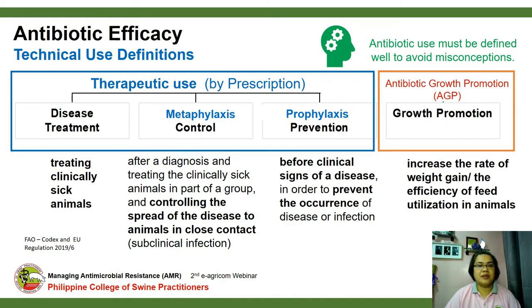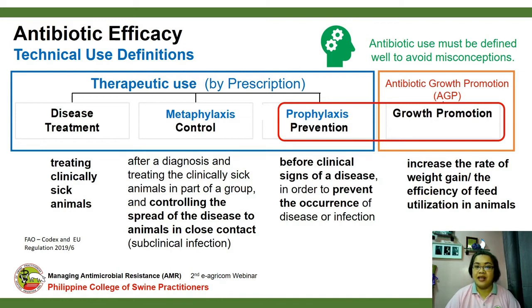Now, most antibiotic products have retained the treatment and control indications on product labels. Of particular interest now is the move of regulatory authorities to disallow the prophylactic or prevention use of antibiotics, especially in feed medication, because this is confused with AGP use.